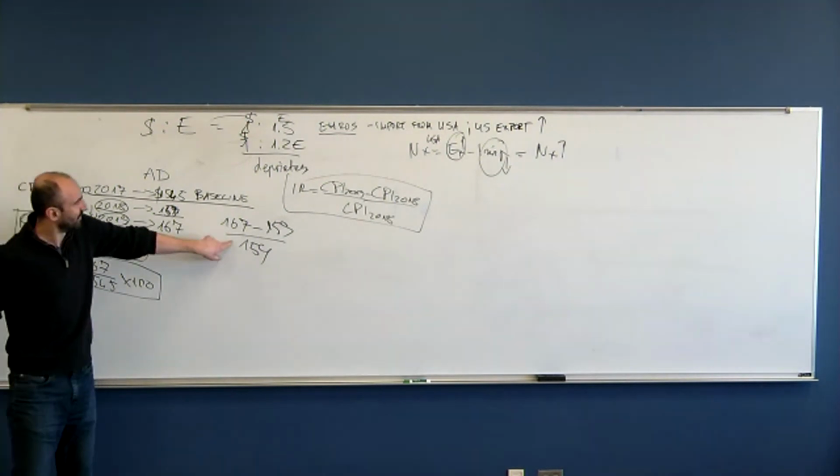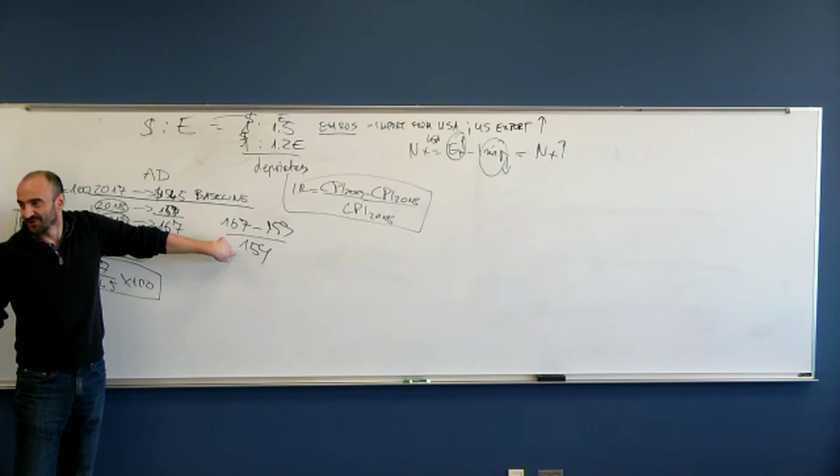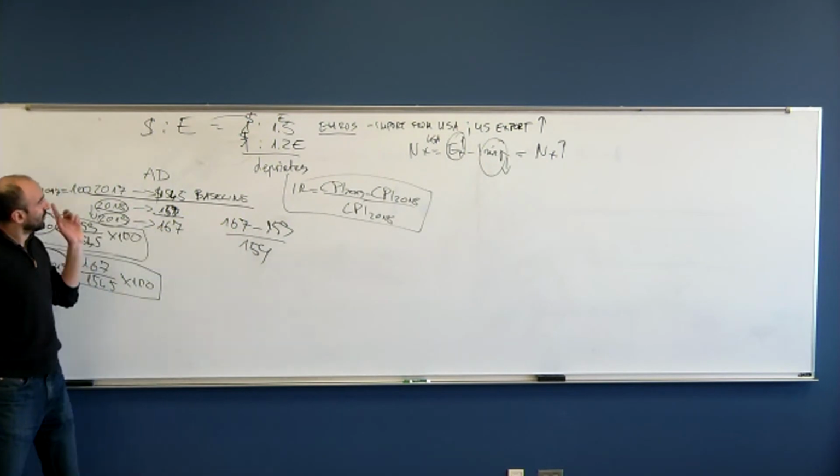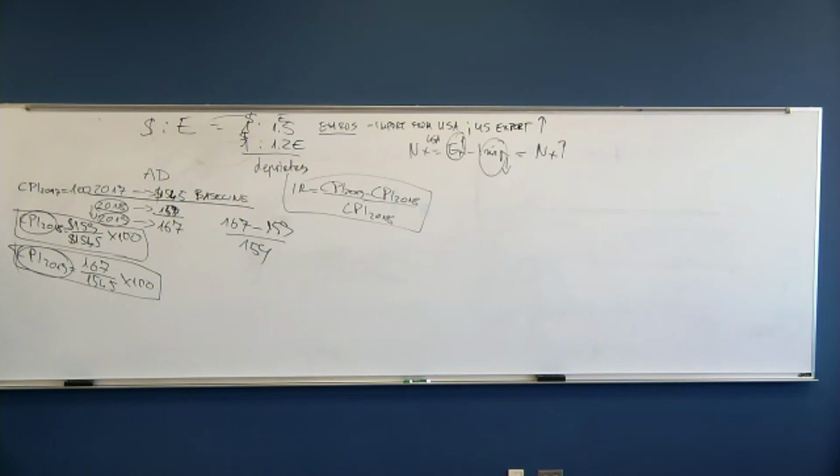That is the number that you get by just using the total spending numbers. When you calculate the CPI, the correct answer would be about 8.1%. So you see what the missing step was.